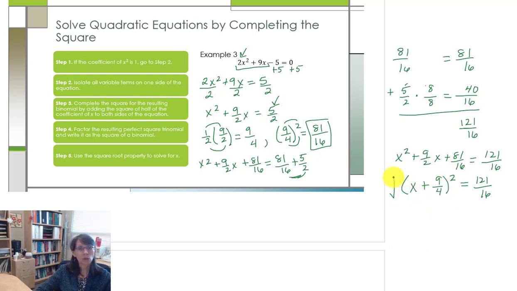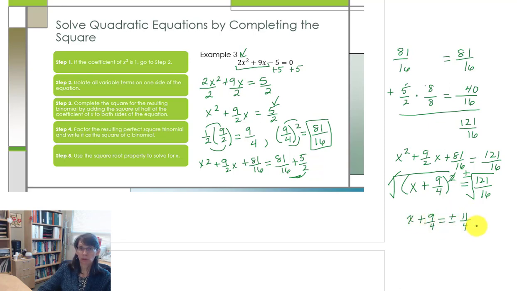Now we're ready to take the square root of each side. Remember again, we're looking for the positive and negative square root. So this equals plus or minus 11 fourths. Now let's simplify what we have here. X plus 9 fourths will now equal plus or minus 11 fourths.